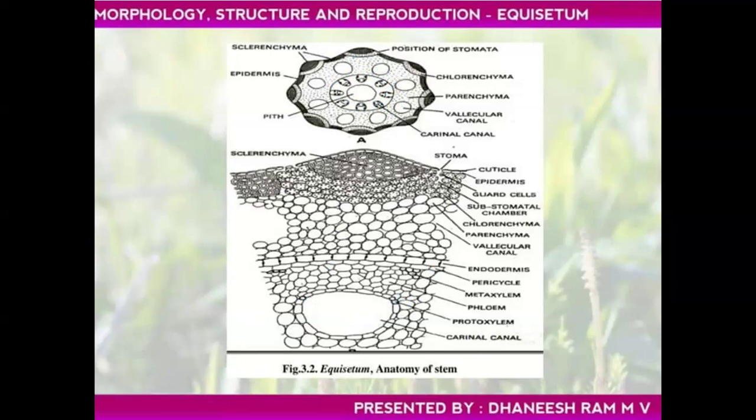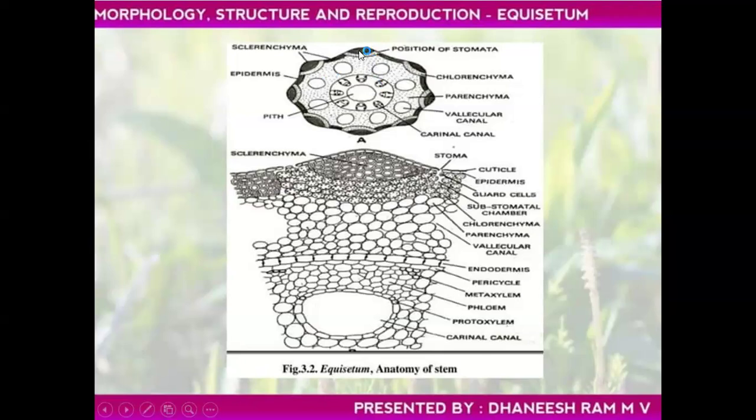So the question may be asked: the cavities in the stele region of the Equisetum stem are called carinal canals. And note the position of the carinal canal: it lies in the same direction as the ridge.